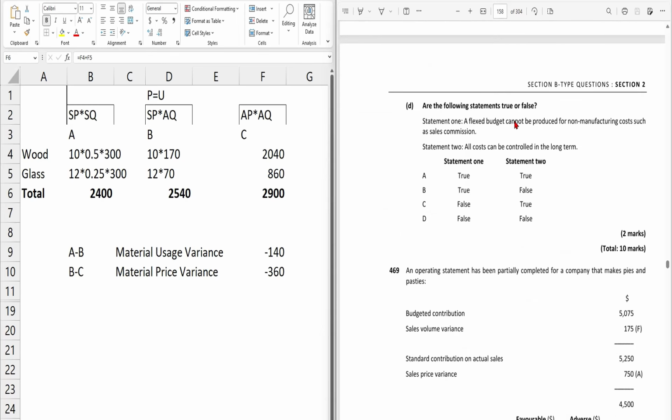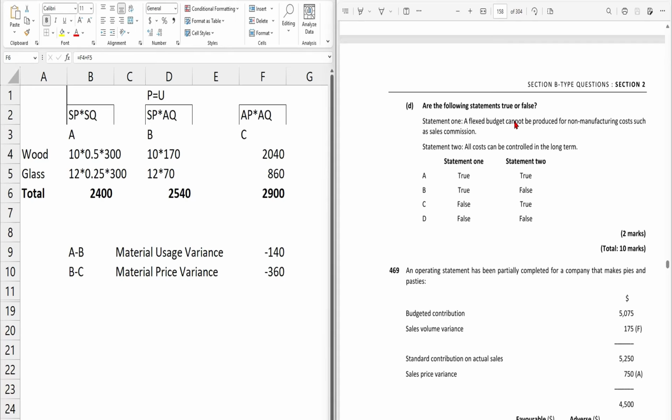Now D, and this one is the last question here. क्वेश्चन कह रहा है are the following statements true or false? First statement, a flex budget cannot be produced for non-manufacturing costs such as sales commissions.